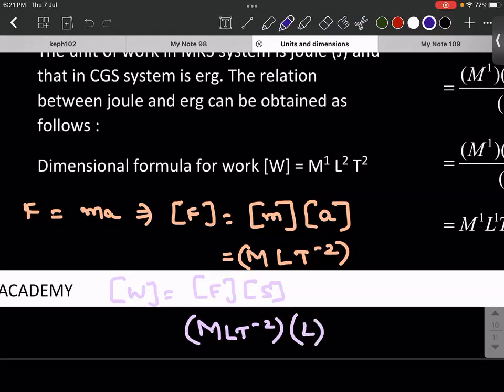L. So what will be the dimensional formula of work done? ML square T minus 2. So there is a mistake here, it is T minus 2. Is it clear? Right.